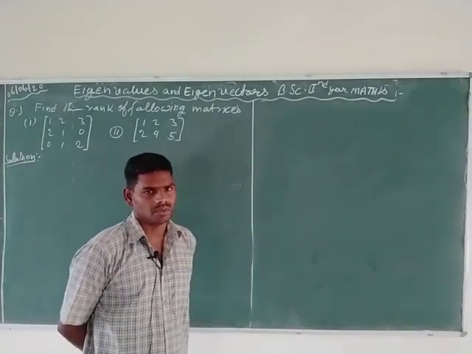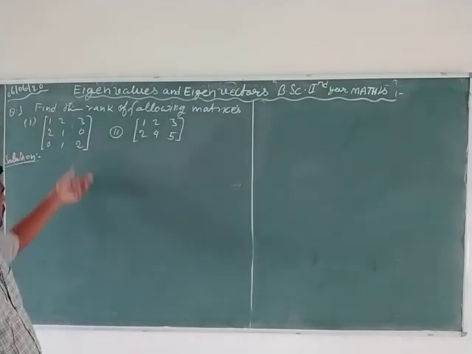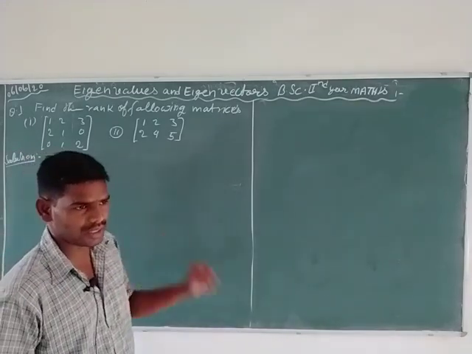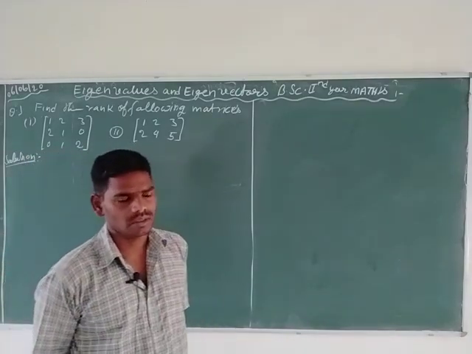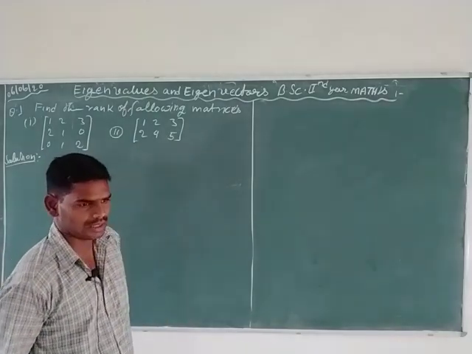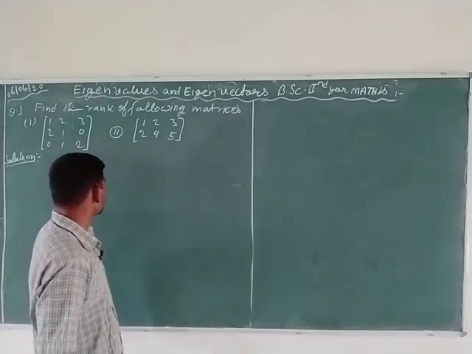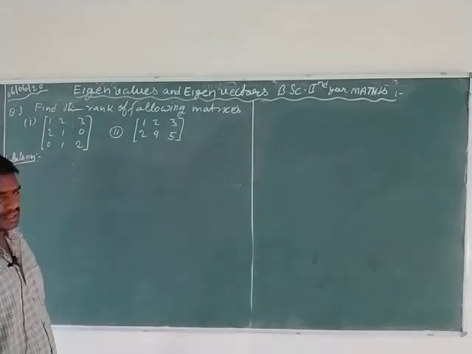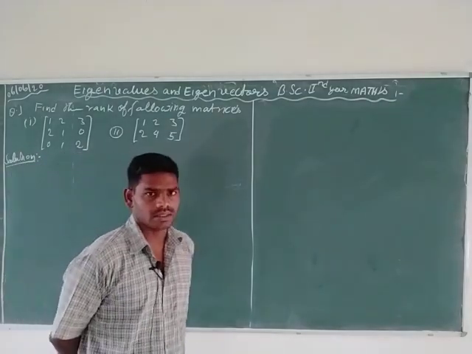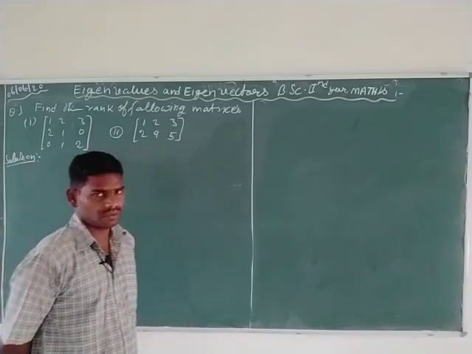Suppose the determinant of a 3 by 3 matrix is equal to 0, then consider its submatrix of 2 by 2 order and calculate the determinant. If the determinant is not equal to 0, then the rank of the given 3 by 3 matrix is 2, because the 2 by 2 submatrix of the given matrix has determinant not equal to 0.